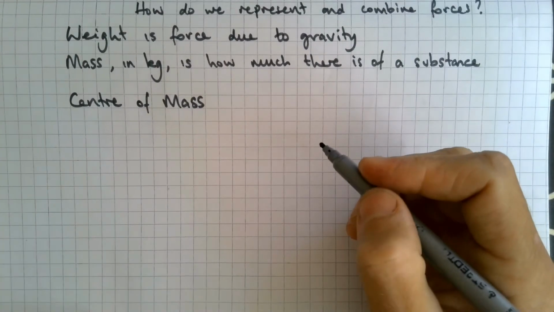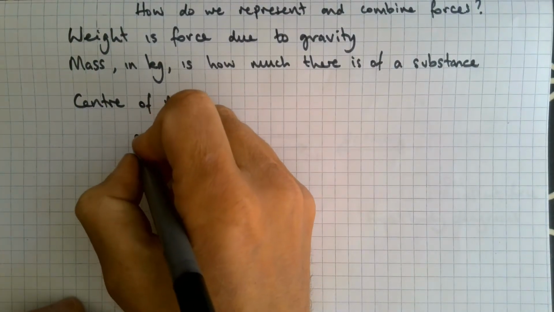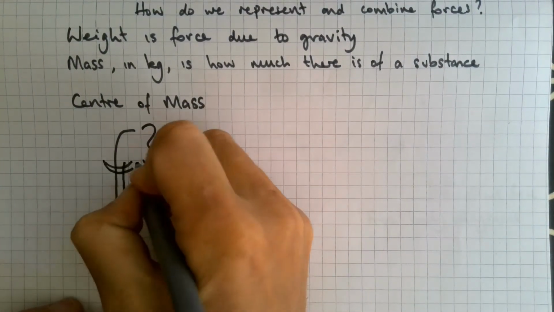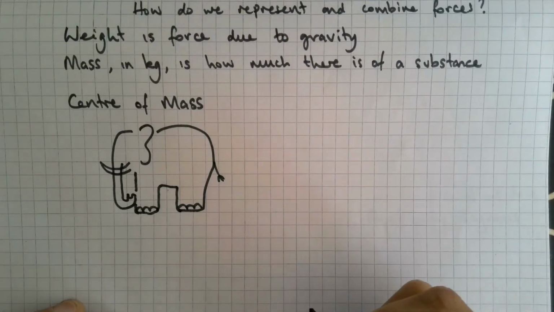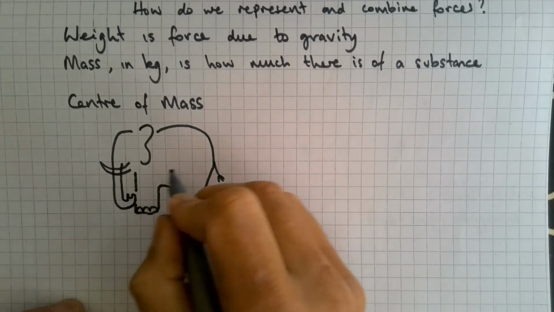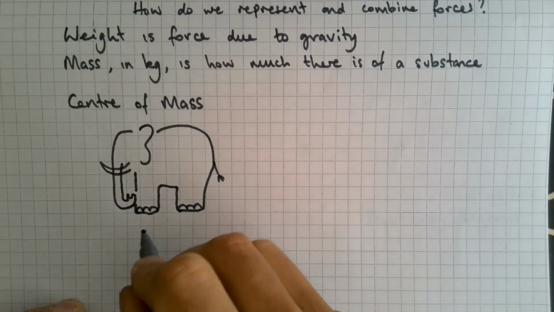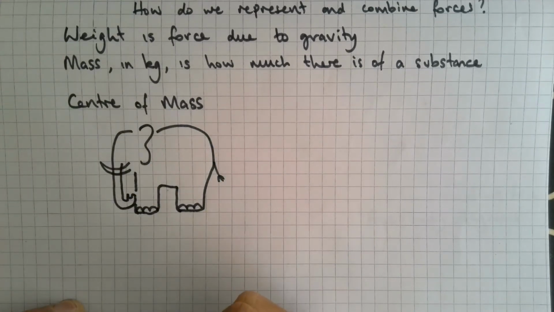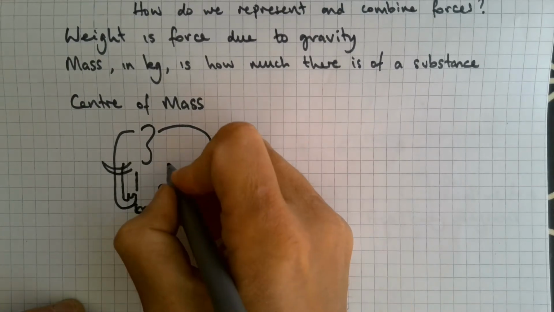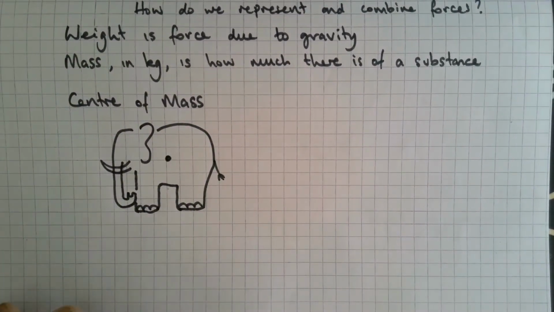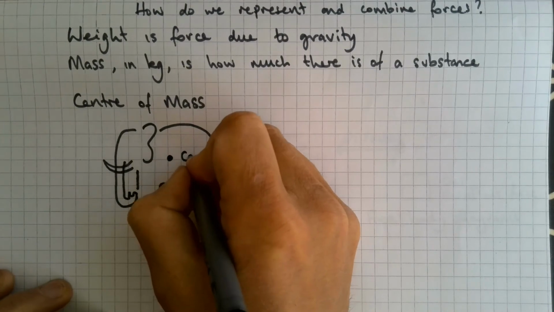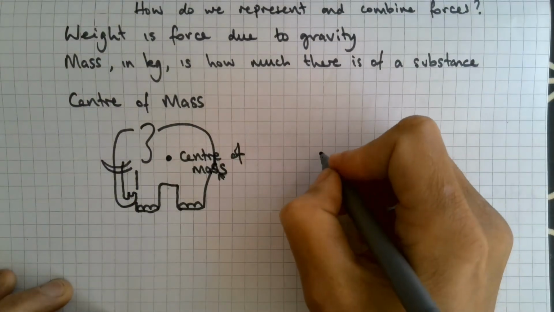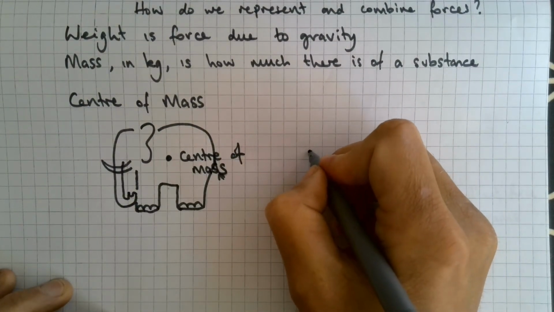So if we consider some object, and this is a fairly massive object, then we need to think, well, if we're going to analyse the forces, I'm not really interested in the ins and outs of the shape itself. And actually what I want to do is just consider a single point which we call the centre of mass. And it's then much more easy to apply forces to it.